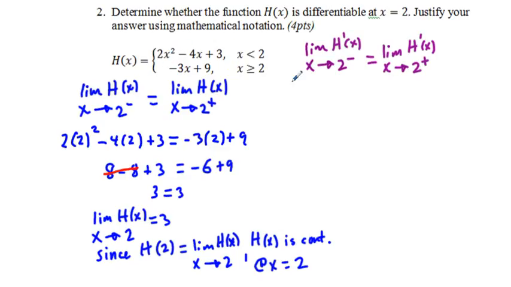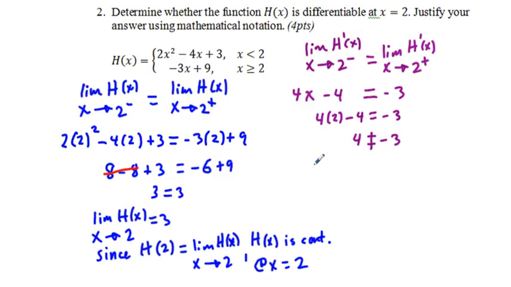The derivative of 2x squared is 4x, the derivative of minus 4x is minus 4, and the derivative of 3 is 0. On the right side, the derivative of negative 3x plus 9 is negative 3. Now if we plug in the 2, we have 4 times 2 minus 4 equals negative 3. So 4 times 2 is 8, minus 4 is 4, equals negative 3. Is that correct? No, it's not.